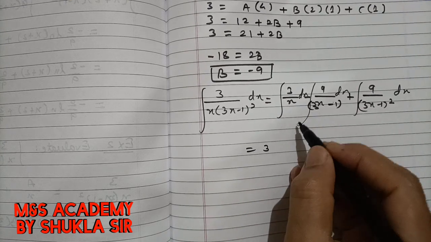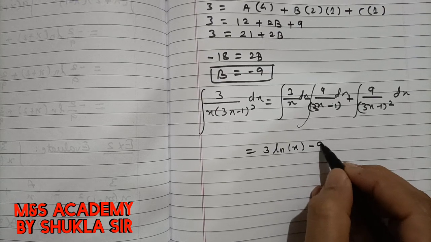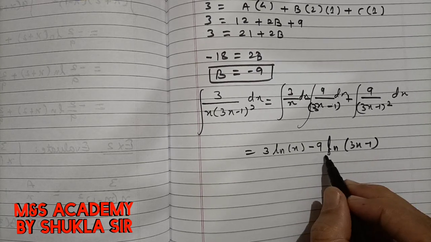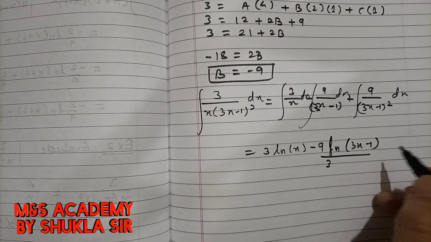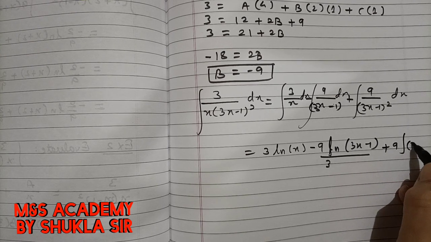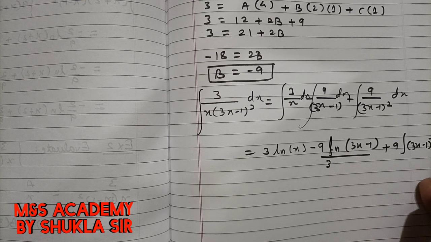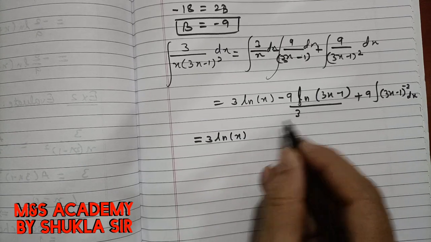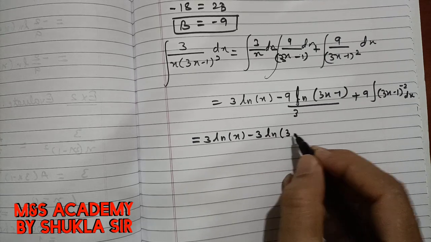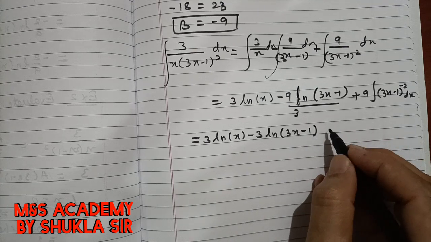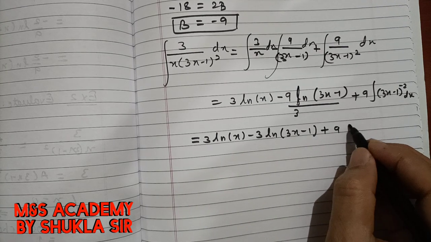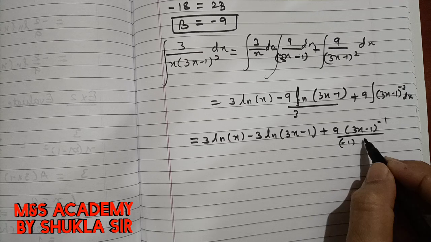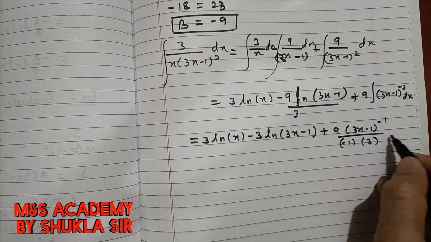Integration of 3 is a constant, 1 by x gives ln x, minus 9 is a constant, and 1 by 3x minus 1 gives ln of 3x minus 1 divided by 3, the value of a, plus 9 is a constant, and the integration of 3x minus 1 to the power minus 2 dx, which is the same as 3 ln x minus 3 ln of 3x minus 1, plus 9 times 3x minus 1 to the power minus 1 divided by minus 1 into 3, plus c.